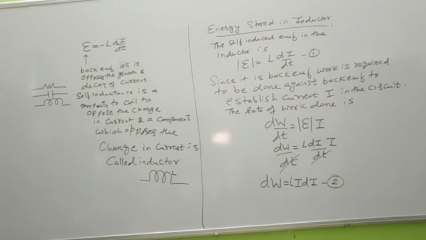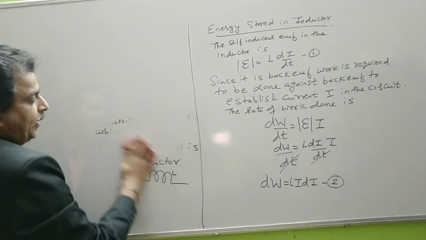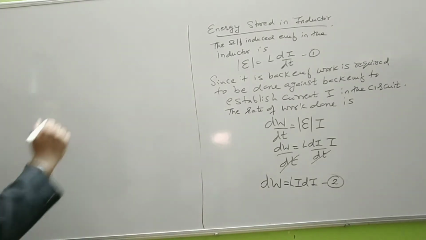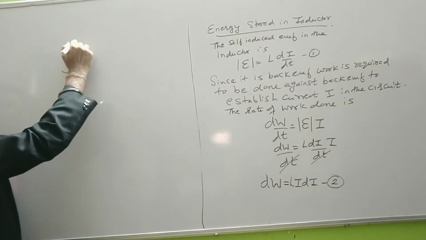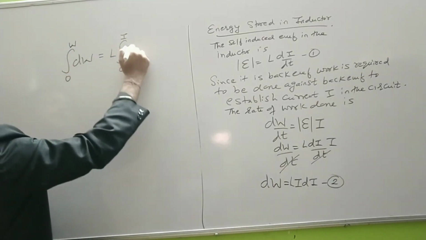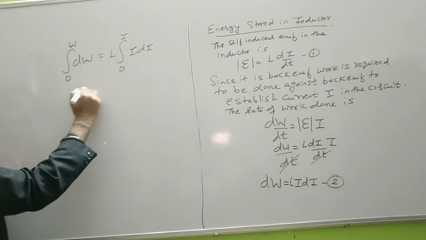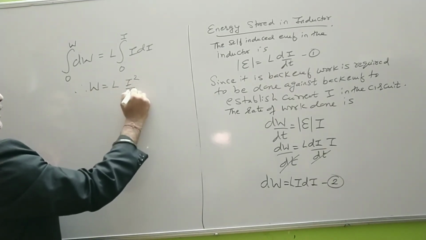So the total work done to establish the current in the inductor or in the coil is the integral of dW, limit 0 to W, that is equal to L times the integral of I dI from 0 to I. Therefore W is equal to L I square by 2.